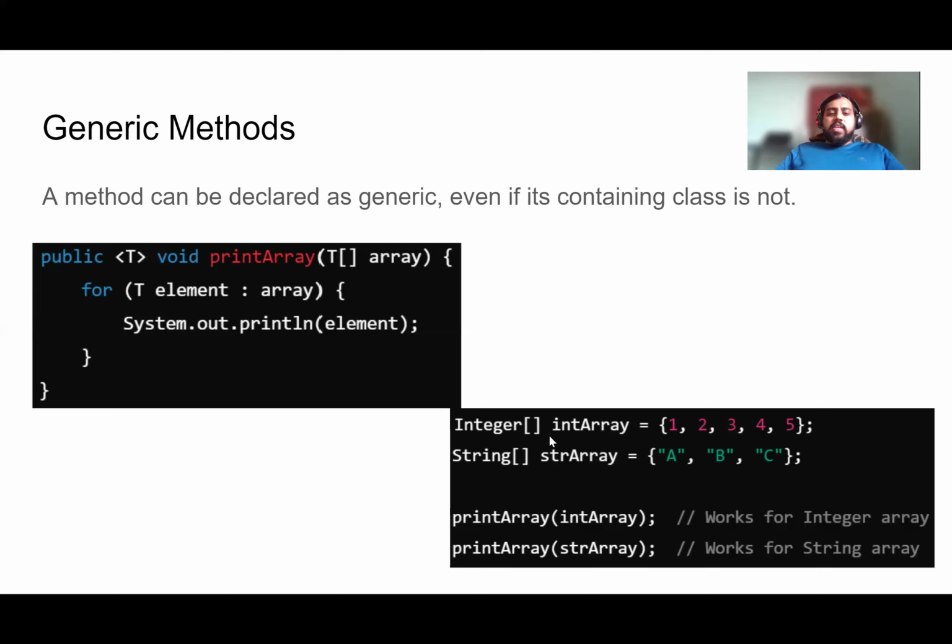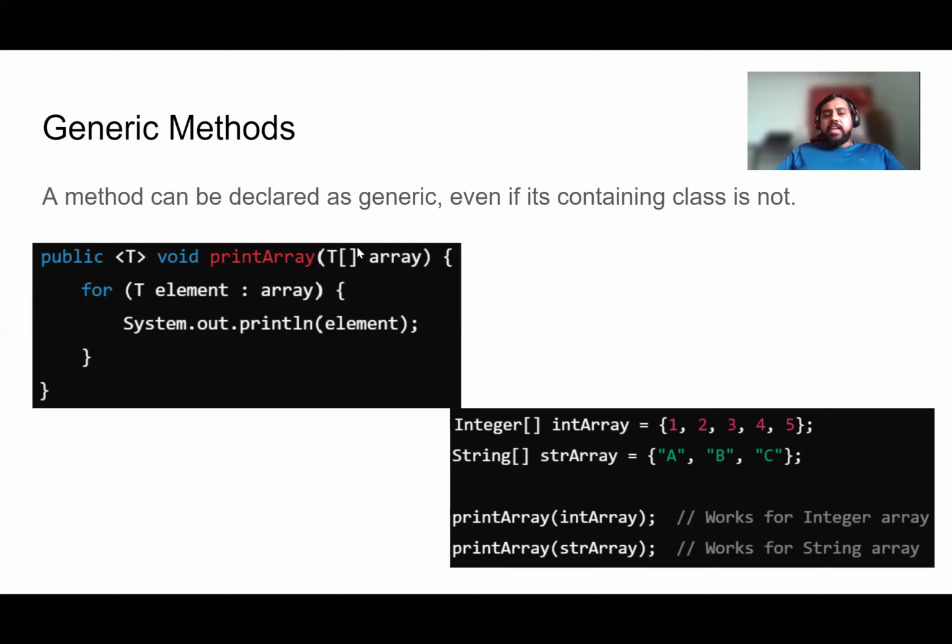So at the time of usage, you can see here, first I created an integer array, int array 1, 2, 3, 4, 5, and a string array, A B C. I'm calling this method and passing this int array. Next time I'm passing this string array. So this int array is of type integer array. Here I'm not bound to any specific type.